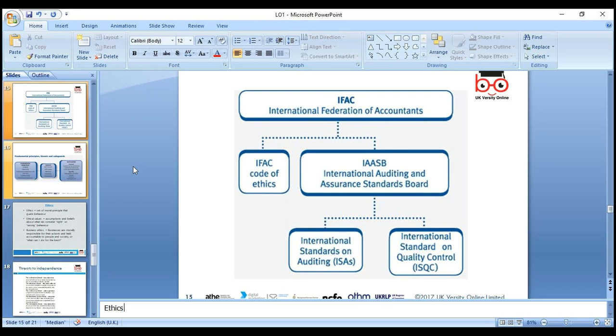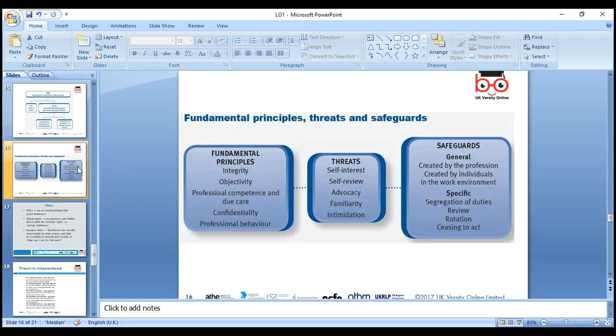Good. So ethics means moral values, the fundamental principles and threats to safeguard. As auditors, we need to look at how we can safeguard, or identify the safeguard measures which the organization can take. When we are auditors, we're supposed to follow these five principles.